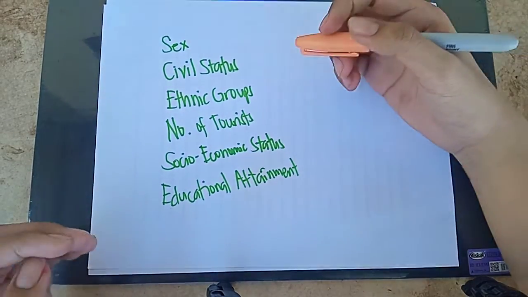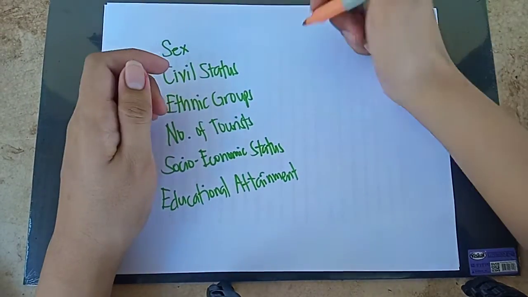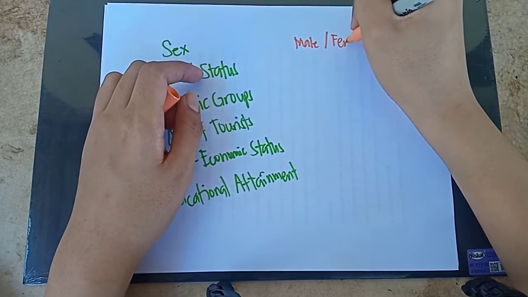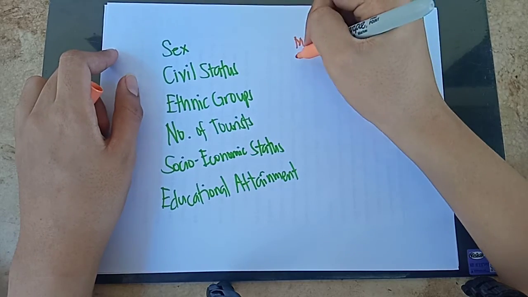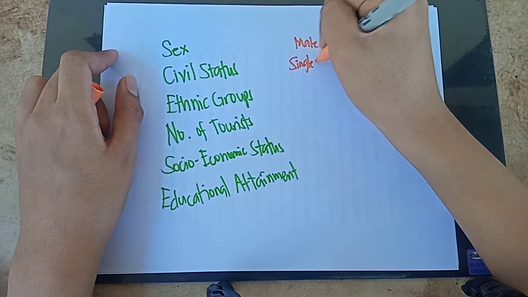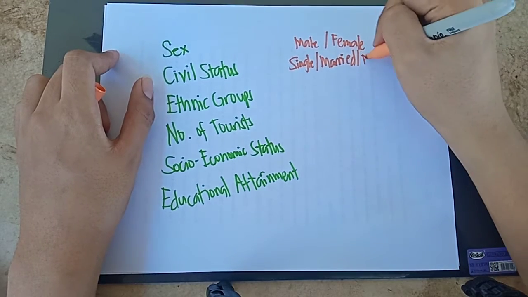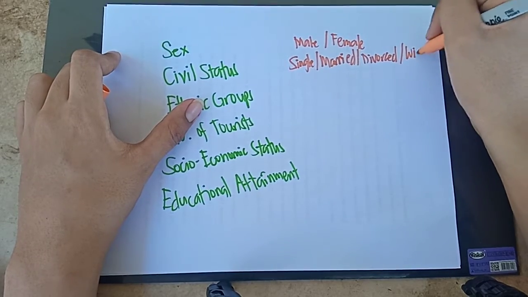So in terms of sex, it can be classified into two. It can either be male or female. In civil status, we can have single, married, divorced, and widowed.